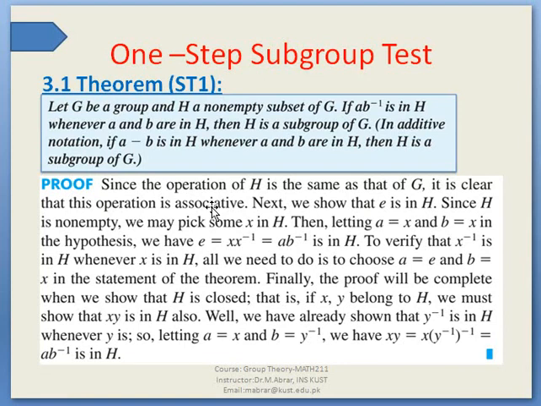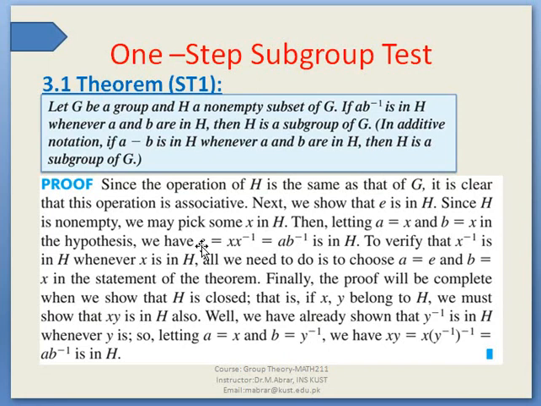The next thing we show is that the identity element exists in H. Because ab⁻¹ belongs to H for every pair of elements, in particular if we take a = x and b = x, then xx⁻¹ is nothing but e.